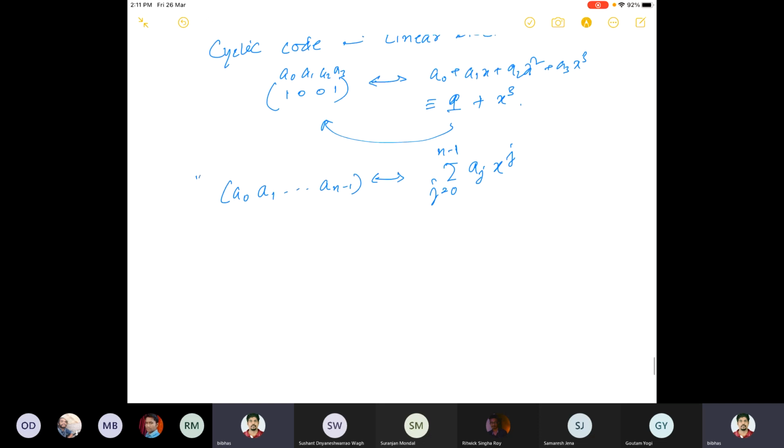Now the idea is we introduce something called cyclic shift. If you give it a shift, you go to a n minus 1, then a0, a1, up to a n minus 2.